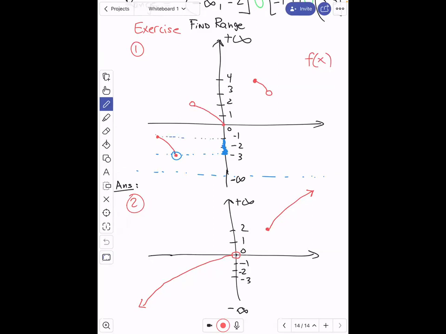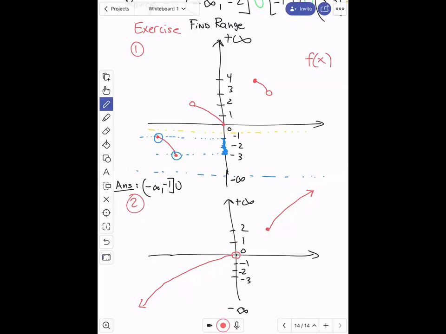You do have an intersection at -1, but then you have to stop at -1, right? Because between -1 and 0, if you take a horizontal line, there will be no intersection. So your first interval would be negative infinity, which is of course excluded, to -1 included, union.